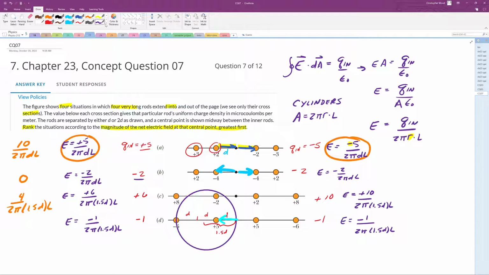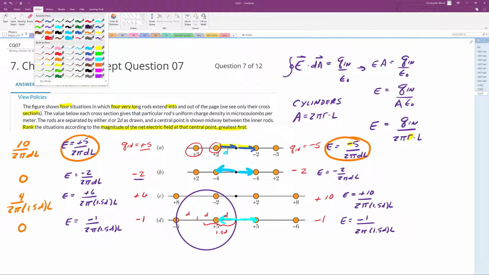Because the right side of situation D is also a negative region, I have the field line going in this direction, so they cancel. I don't have to do any thinking, really. The net electric field for situation D is also equal to 0.